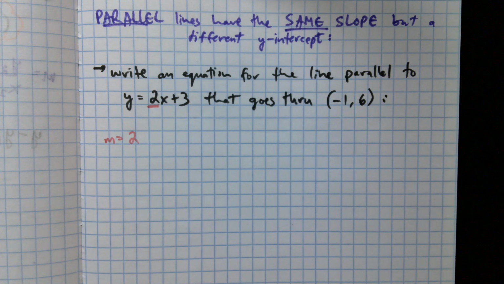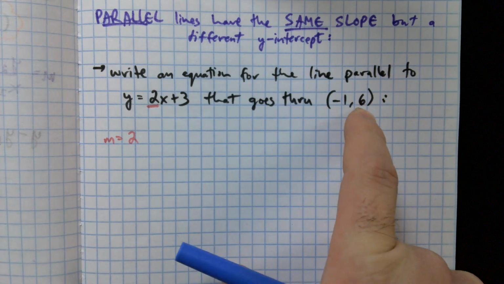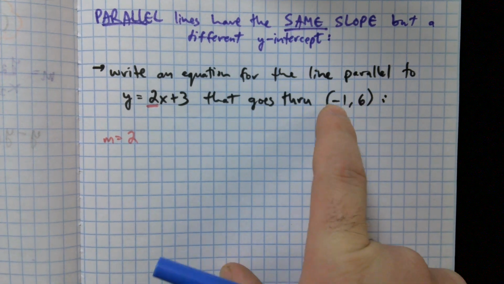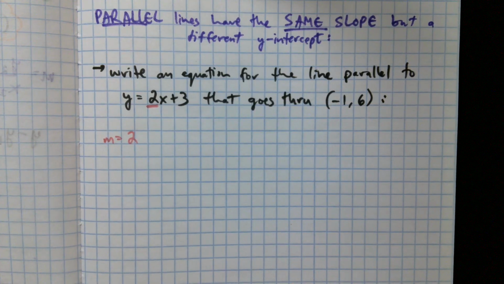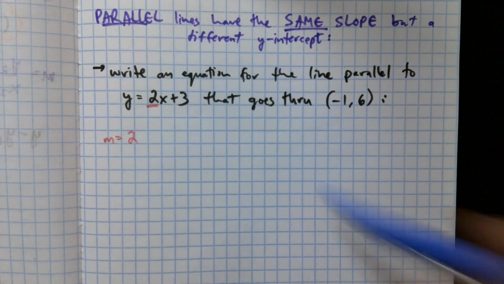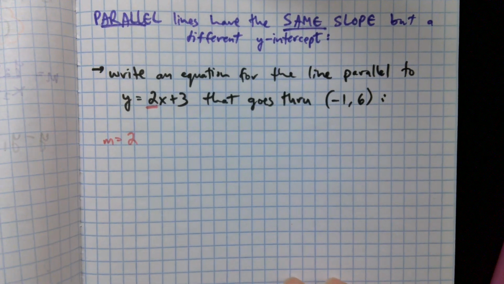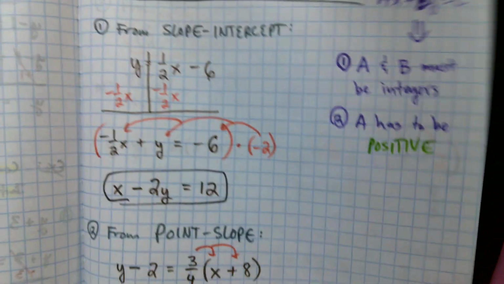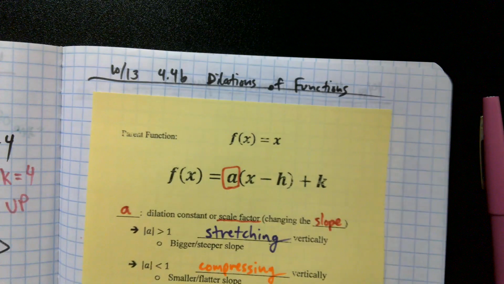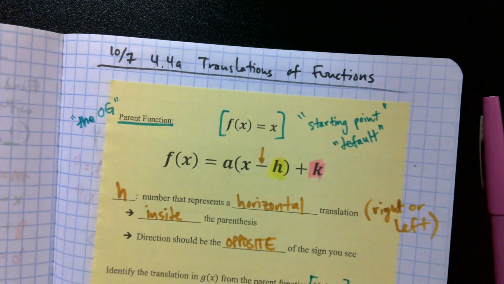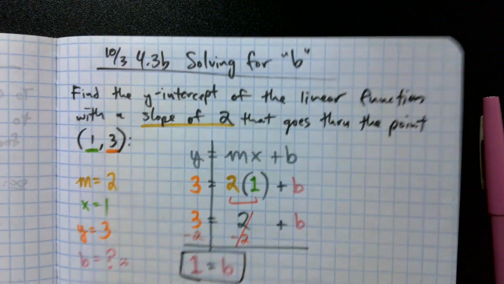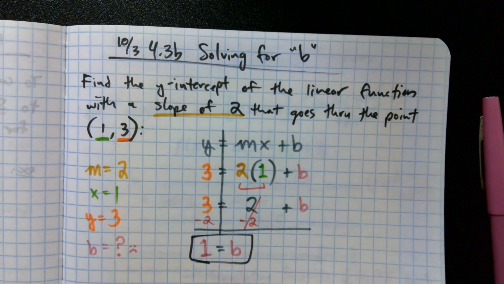Is the b 6? Yeah, if my x value was 0, then b would be 6 for sure. Now we're just guessing. Let's see. Is there a lesson aptly titled Solving for b? Maybe from earlier in the month.